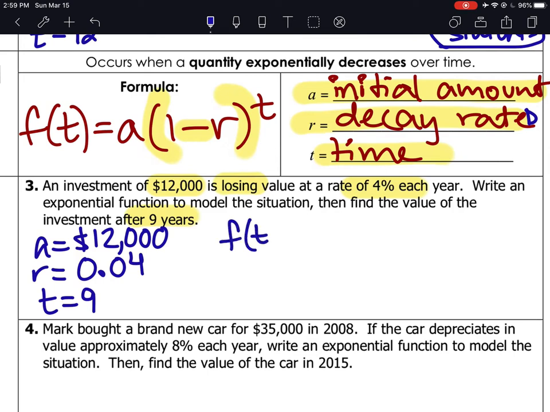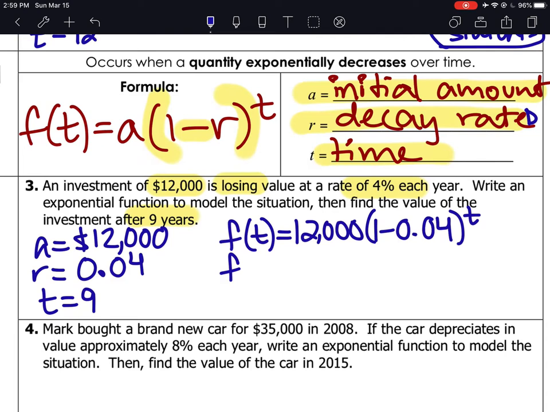So according to the formula, f of t equals 12,000 times the quantity 1 minus 0.04 to the t power. And then we're going to actually plug in 9 for 9 years and see how much this person has in his investment after losing for 9 years. So we're going to plug in a 9 here.